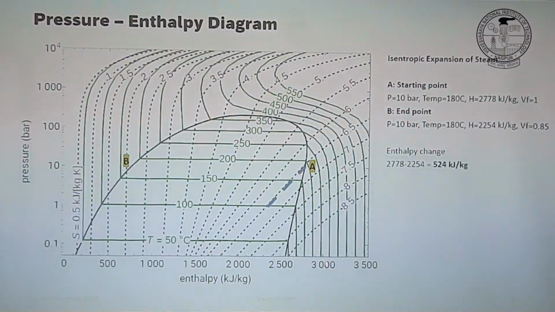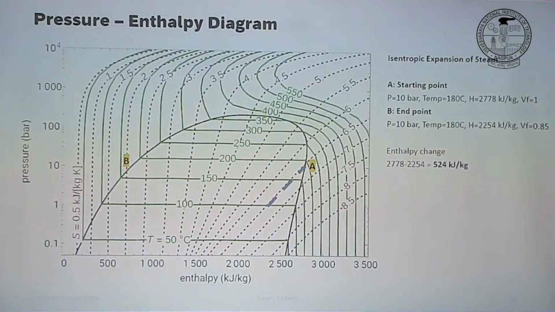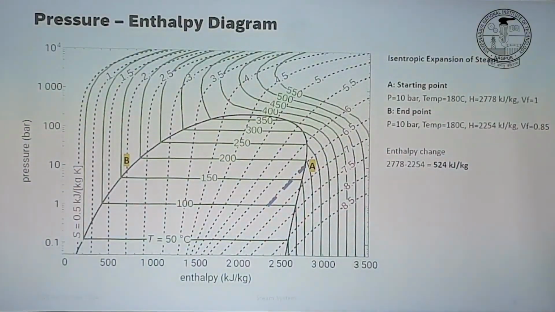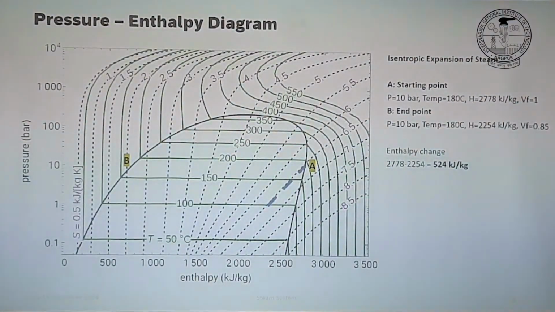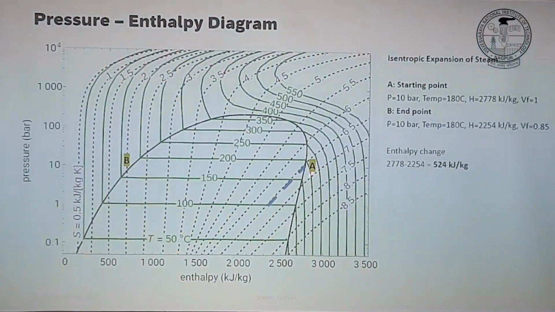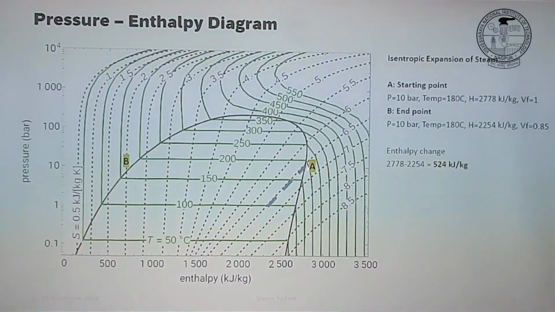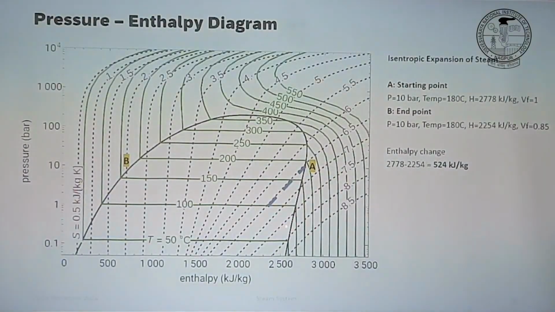You could see the enthalpy at the starting point was similar, 2780. Go from here to here. Enthalpy is somewhere 2250. Means with this state change, how much energy are we extracting? Only 524, right, per kg of steam. And you could see that by reducing the pressure, you can only extract a very small amount of energy, right?